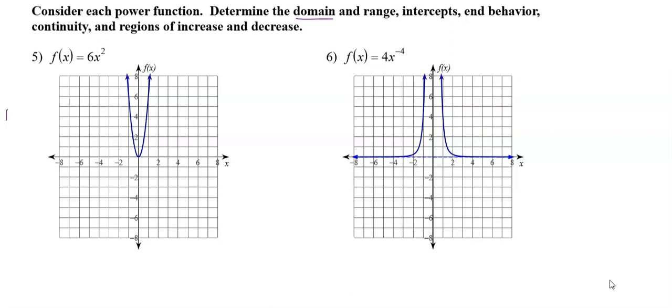I'm not looking at the function because the graph is given to us, so I'm focusing on the graph. Because the graph has an arrow, it keeps on going and going, so it covers all the rightward values of x and all the leftward values of x also.